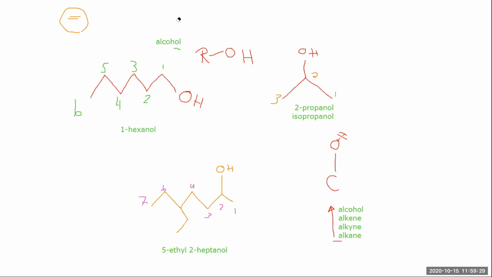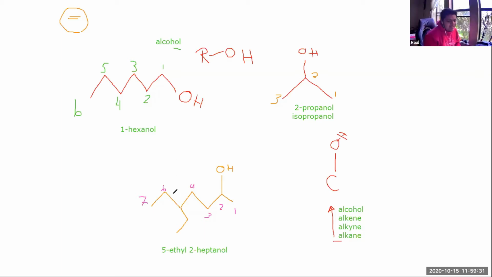So this is where my question comes in now. If we would have started the other way, it would have been 3-ethyl, right? Because it's 1, 2, 3. 3-ethyl and then 6-heptanol. But why wouldn't we start the other way? No reason to, because the alcohol is on the right.